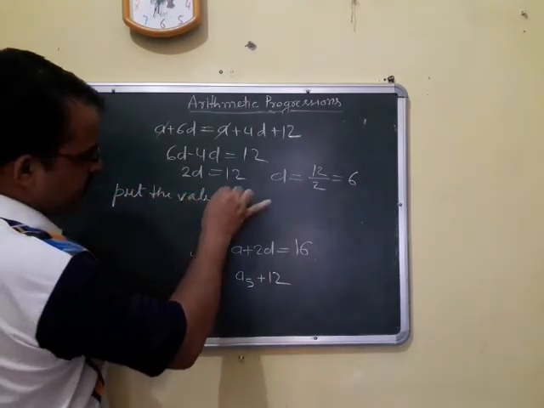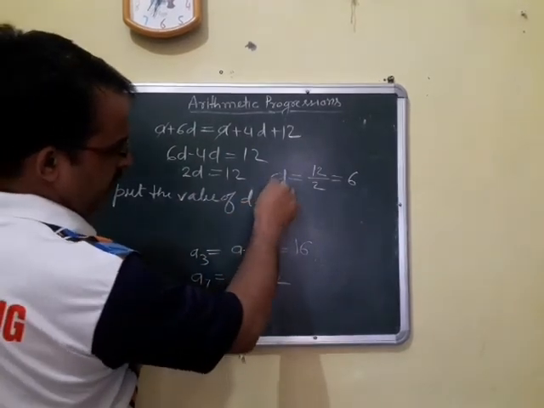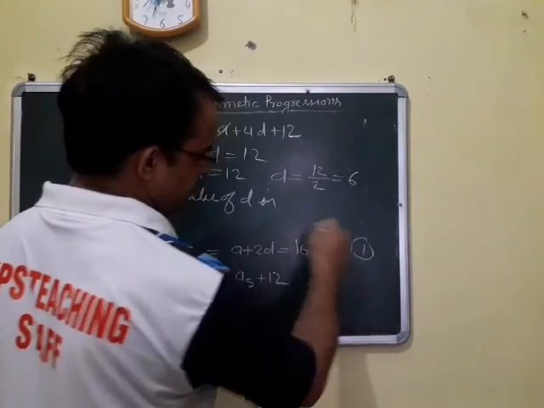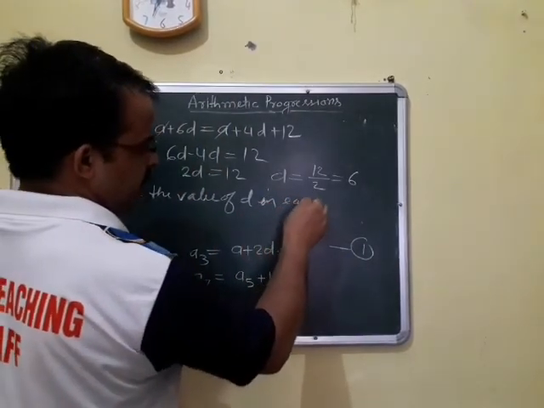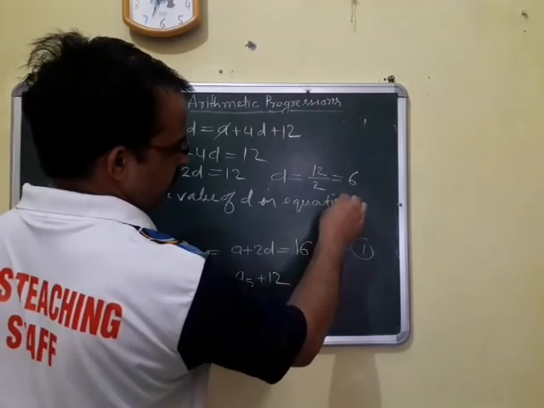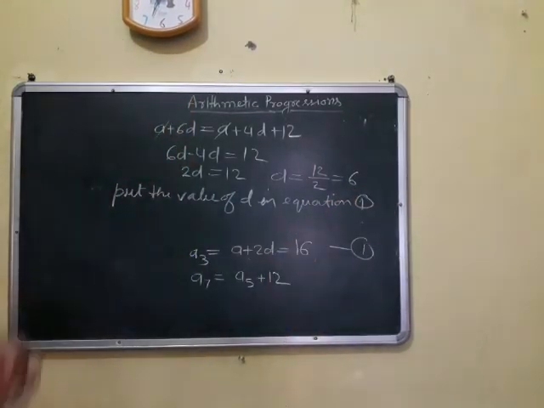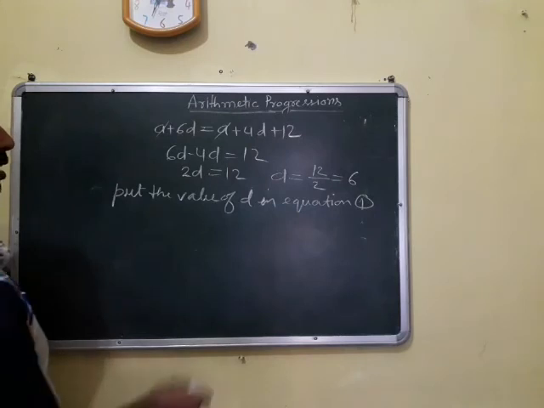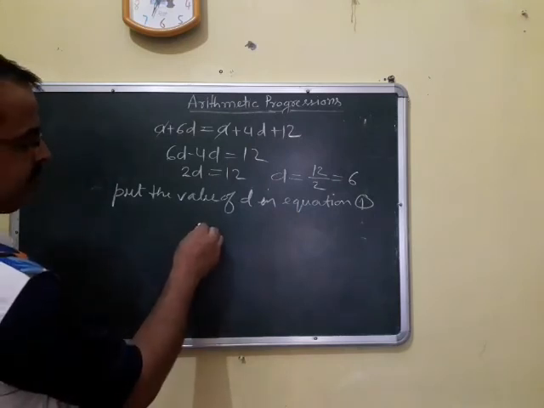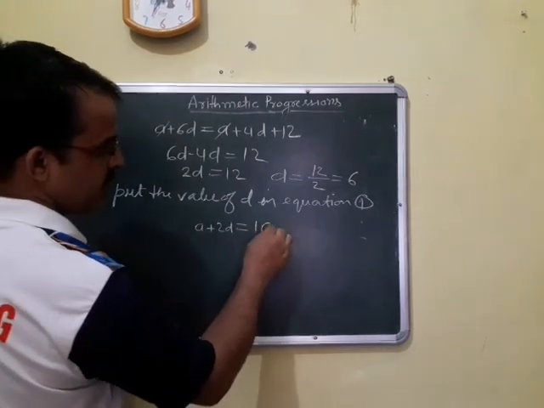Put the value of d in equation first. So what we get here? Equation first: a plus 2d is equal to 16.